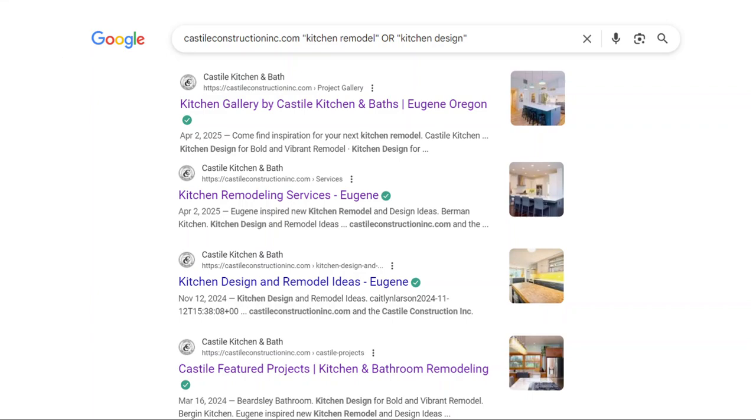Would you like to learn it in their services page dedicated specifically to either kitchen remodel or kitchen design? And at the bottom, and this is really interesting to pick up on, the fourth most important aspect that Google sees at the moment is a particular project that was created in March of 2024, more than a year ago.